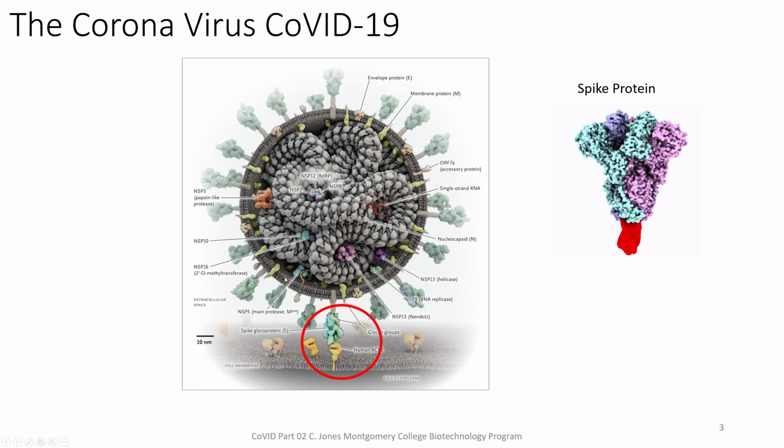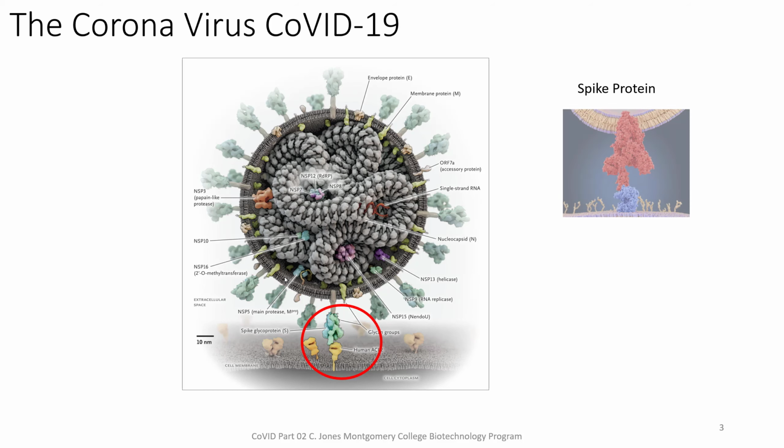So there's a lot of focus on the spike protein, particularly when it comes to vaccine development, because when the spike protein interacts with the ACE2 receptor, that is how the virus can infect a cell. And so what we want to do is prevent that interaction.